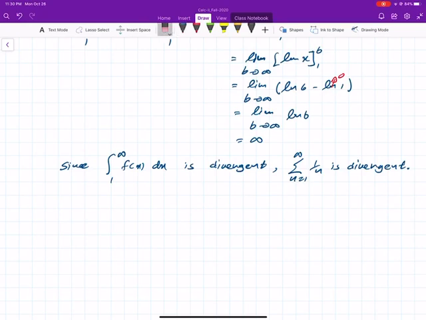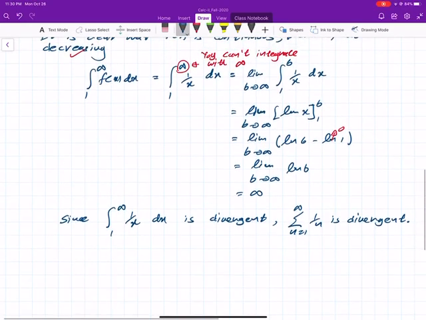Let me write 1 over x here, because f of x is 1 over x.